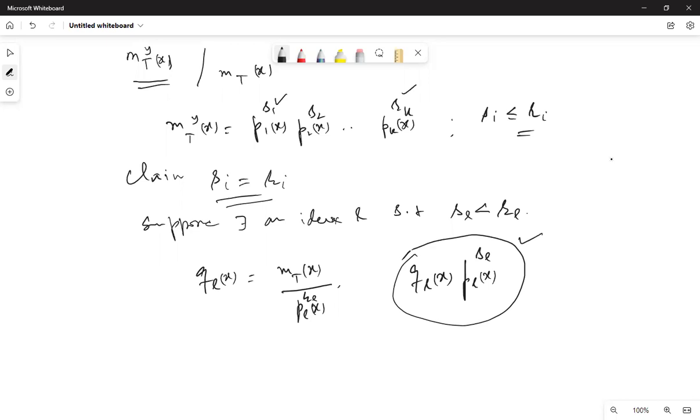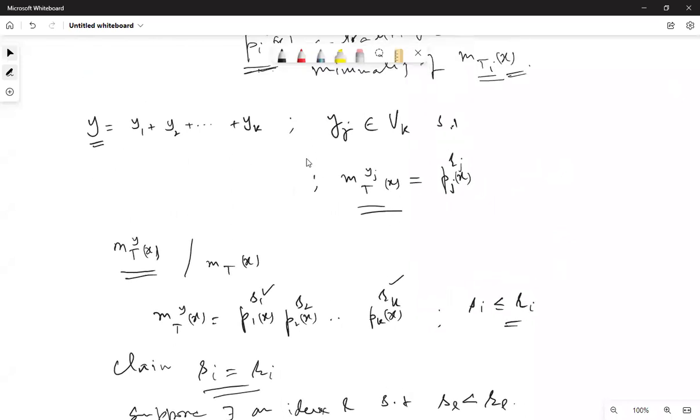Now look at this qL(x) pL(x) raised to the power sL. The beauty of this polynomial is that qL(T) pL(T) raised to sL, when applied on y, would kill this y. Is it so?